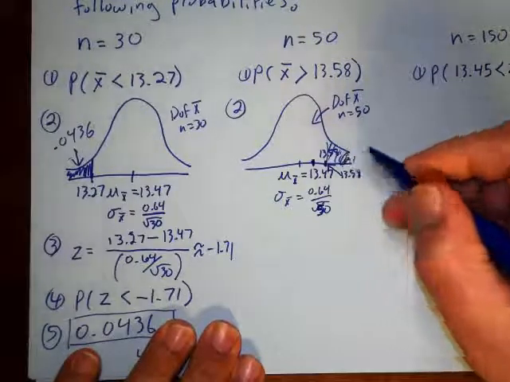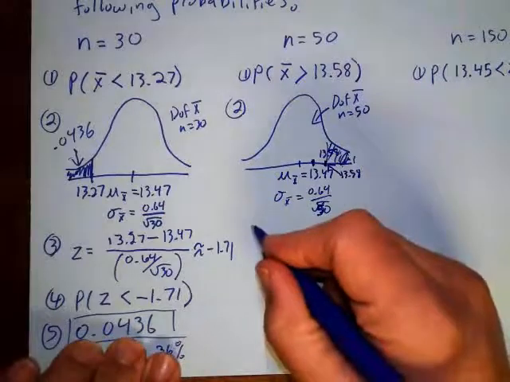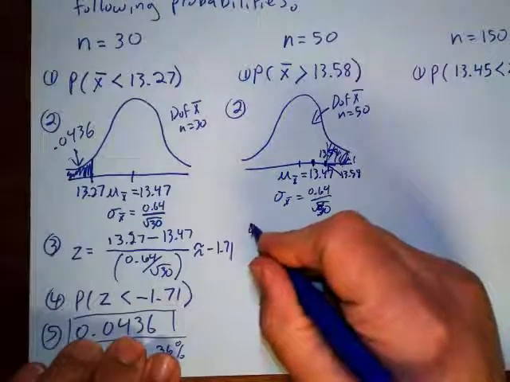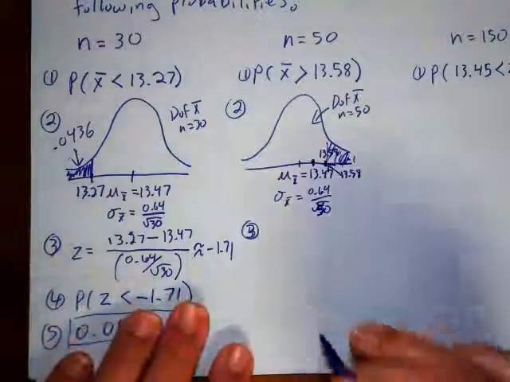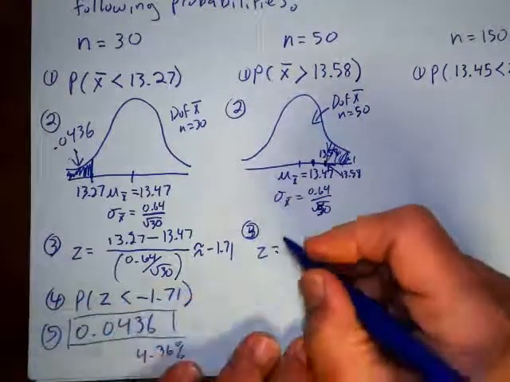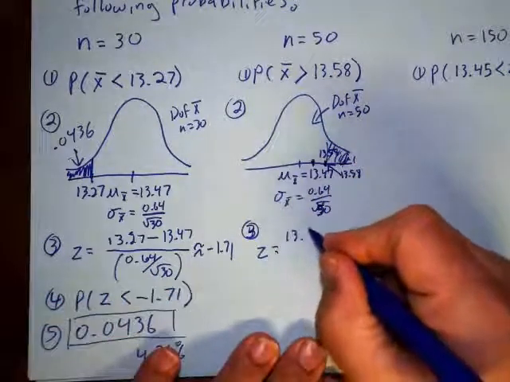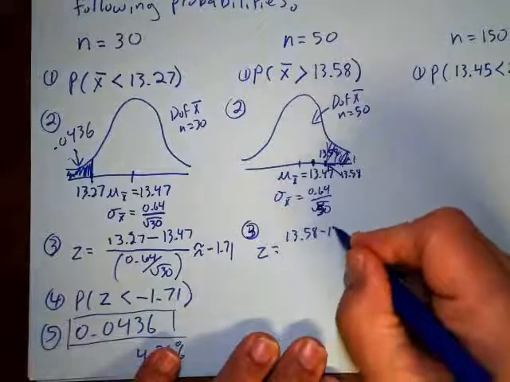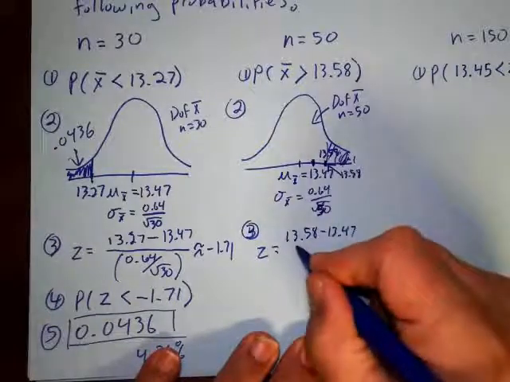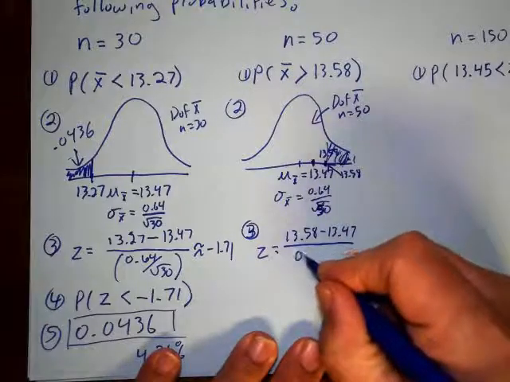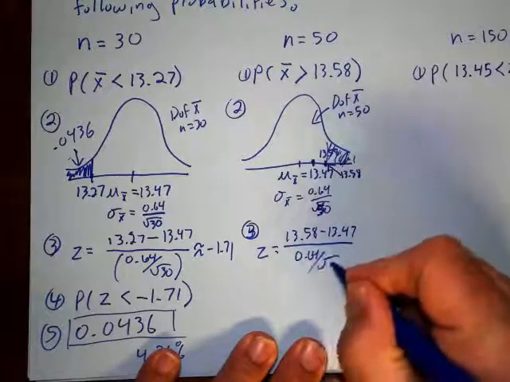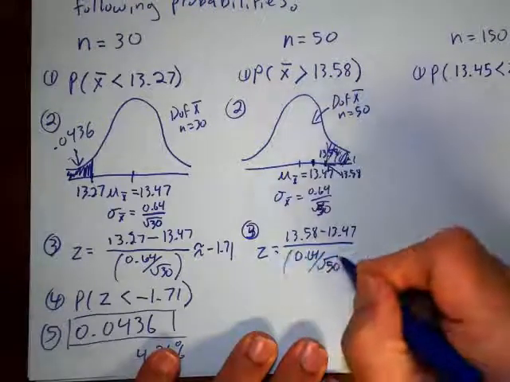So now I got to calculate the z-score for this using the z-score formula for the distribution of X bar. So 13.58 minus 13.47 divided by 0.64 over the square root of 50.